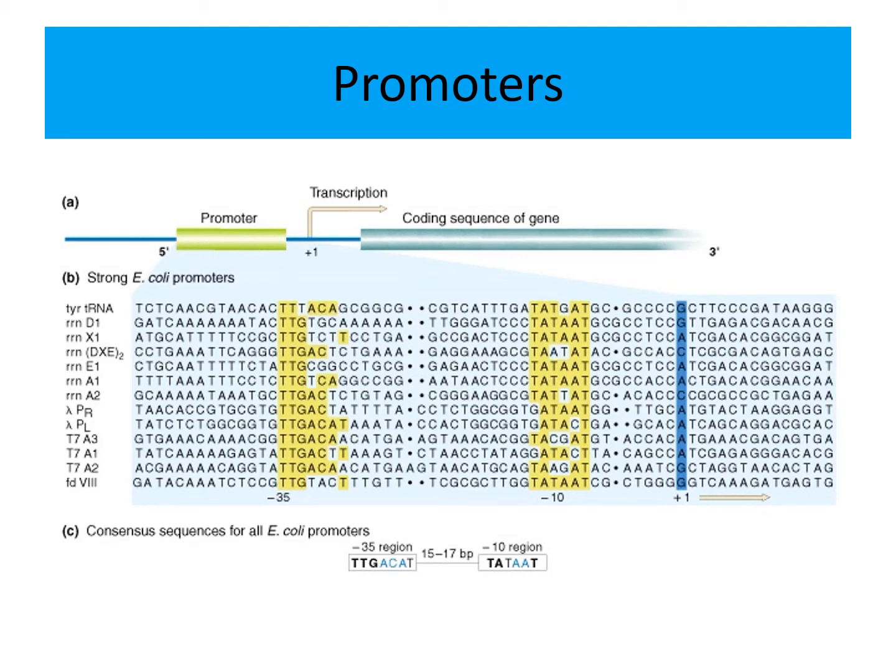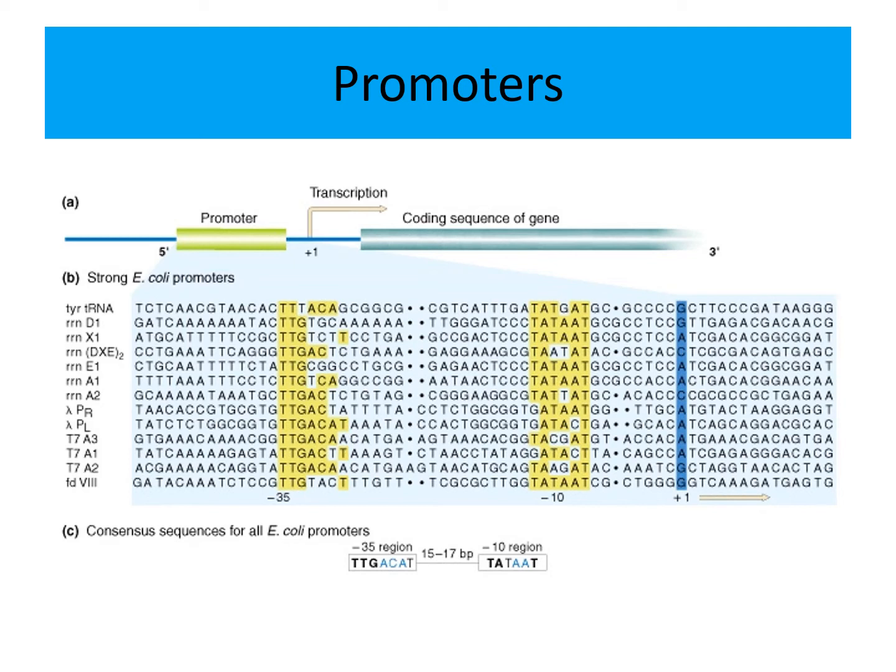The transcription site is highlighted in blue color. So the numbering for the initiation site is +1, right? The upstream of the initiation site is counted as minus.